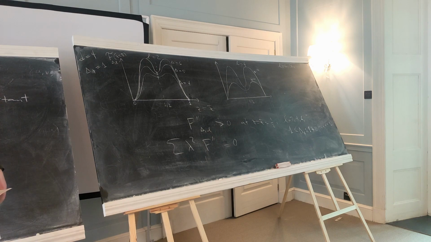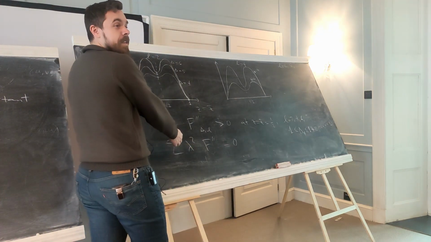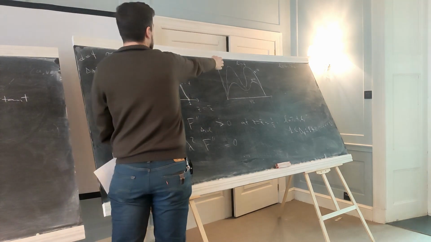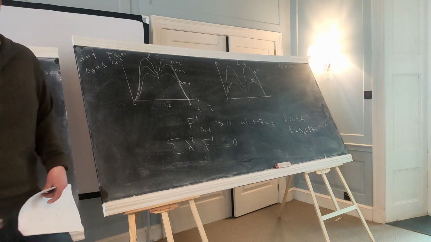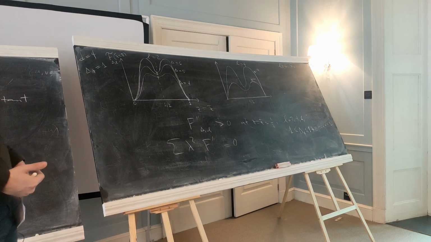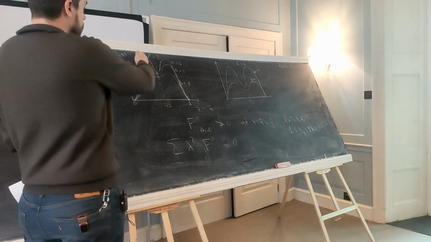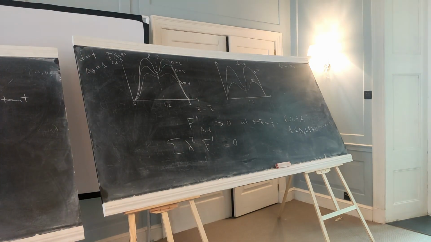Well, how can it be that this is 0 with positive coefficients if all these points are local minima of the f functions? It can't be. So there is no way you can find the CFT doing this. Now, this is in d equal 4, close to delta phi equal to 1, but I just wanted to give you an intuition as to how this works.